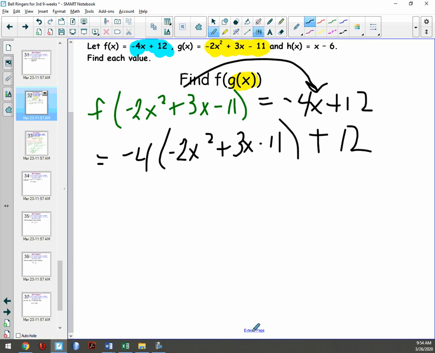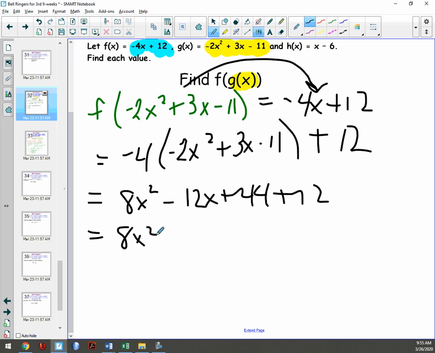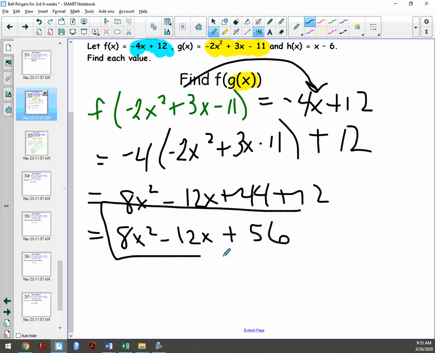So this is going to give me 8x squared minus 12x plus 44 plus 12. So 8x squared minus 12x, and then 44 plus 12 is going to give you a 56. That is how you do composition.